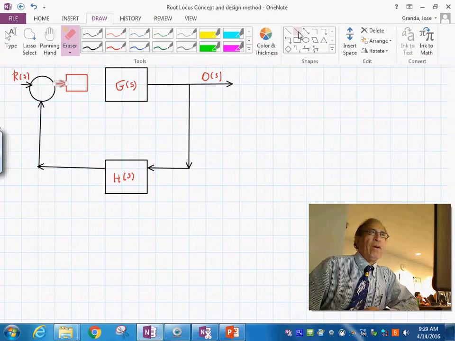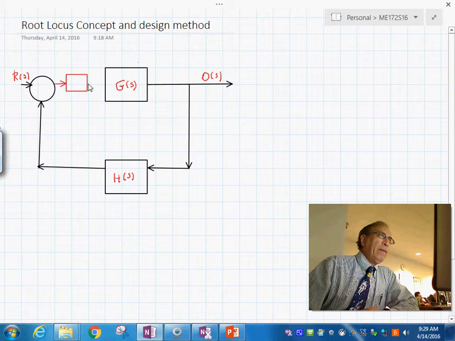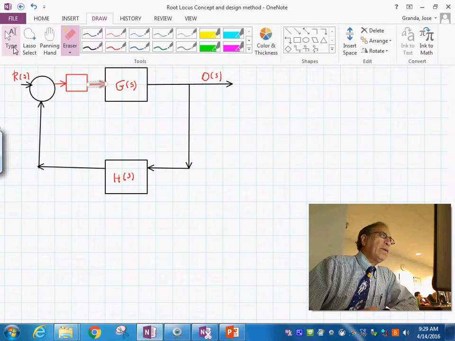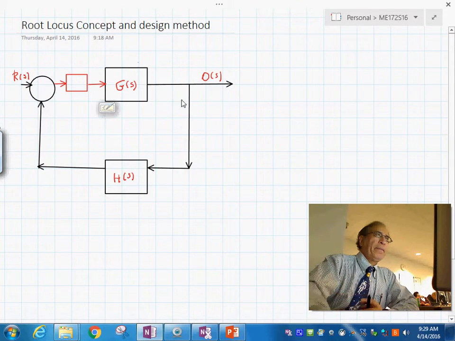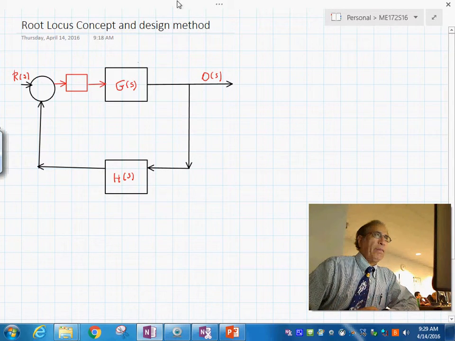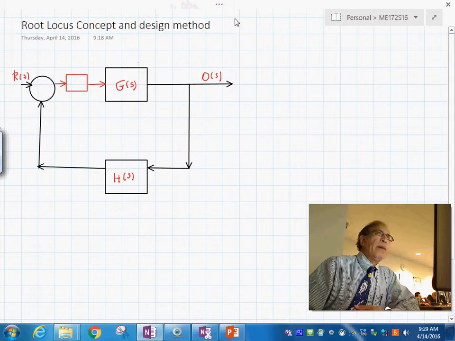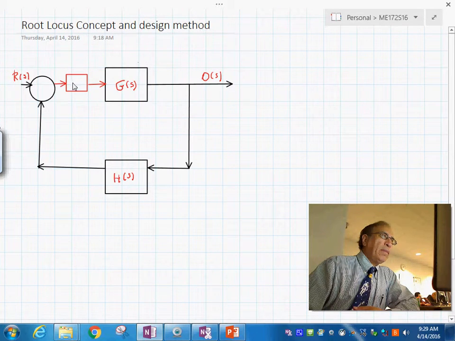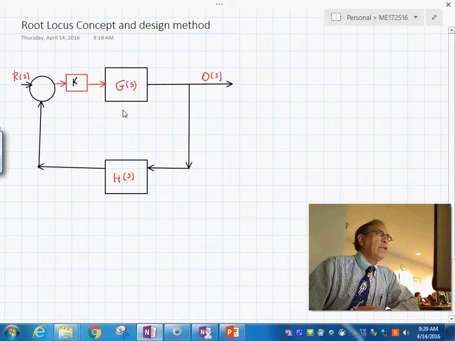Alright, what will happen if to my basic system loop I add this little block in here with some constant value in this case? Let's put a name here to make the contrast. We're going to call it K. So this is your system.